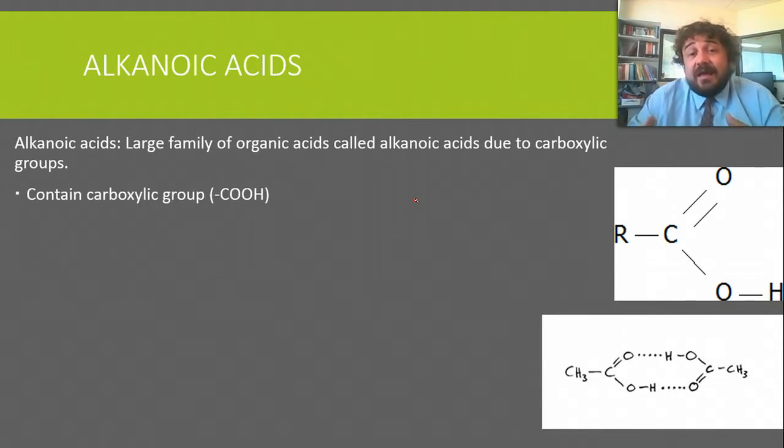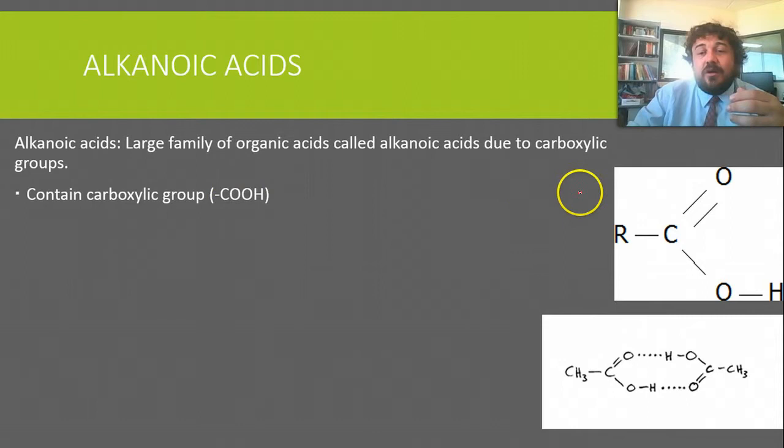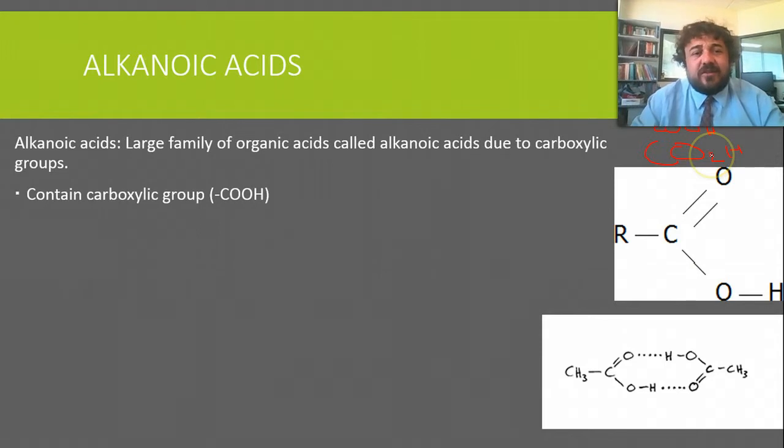They contain a carboxyl group, which is COOH, and that's why it's written COOH and not CO2H. You can never write it like that, because it just indicates a different structure.